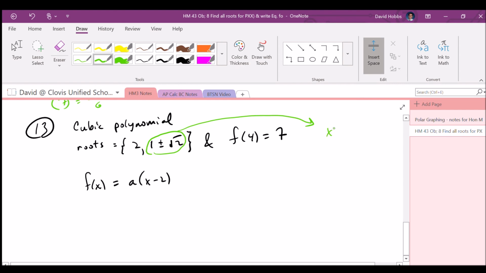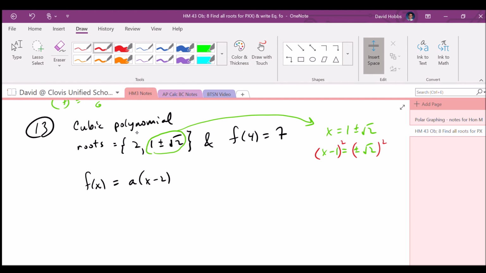So x equals 1 plus and minus root 2. So x minus 1 equals plus and minus root 2. So square both sides. And we get x squared minus 2x plus 1 equals positive 2. Get 0 on that side, so bring the 2 over. x squared minus 2x minus 1 equals 0.